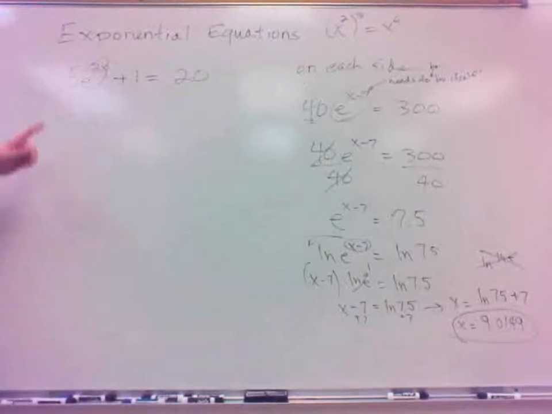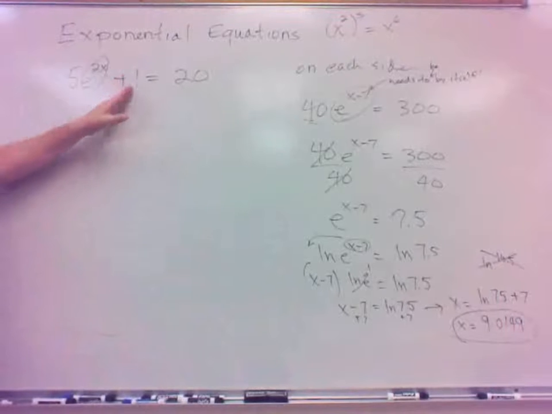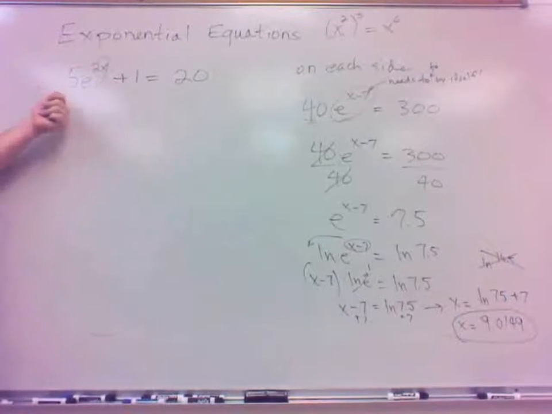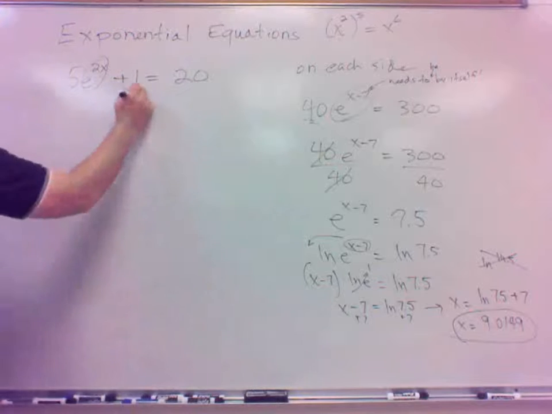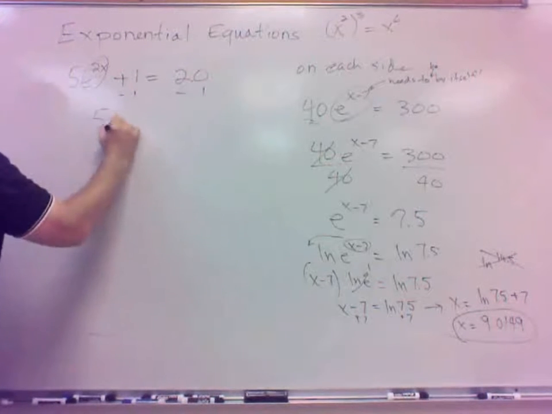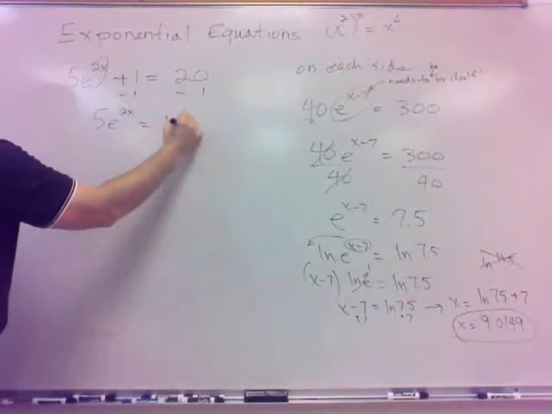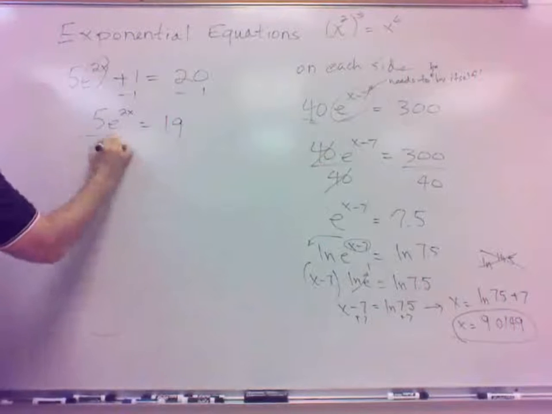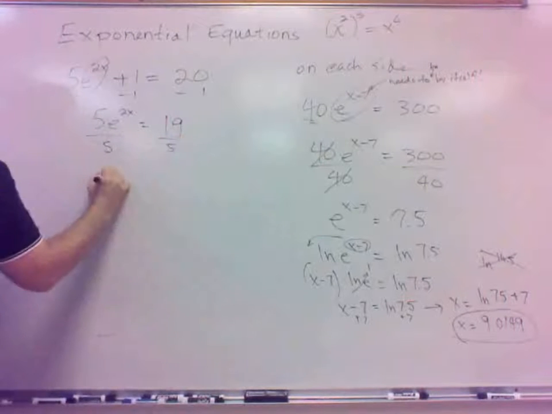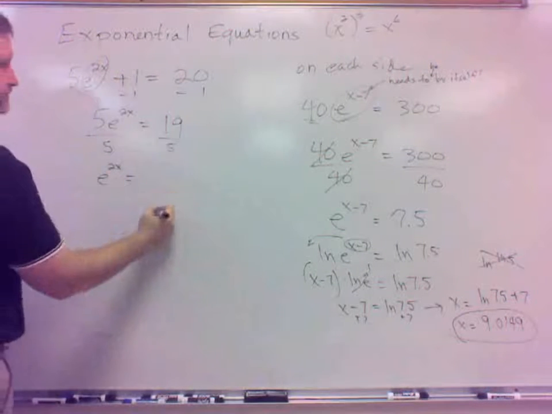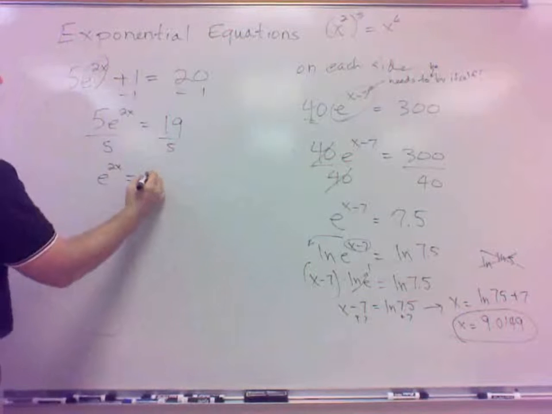Well, that means I've got two other numbers I need to get rid of. How do I get rid of the 1? Subtract it, and get rid of the 5 by dividing. So the correct way to do it is subtract the 1 first, so we have 5e to the 2x equals 19. Then divide by 5, I have e to the 2x equals 3.8.